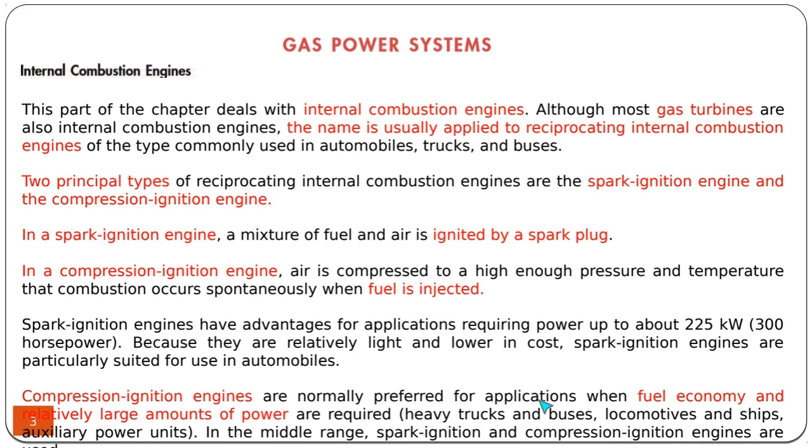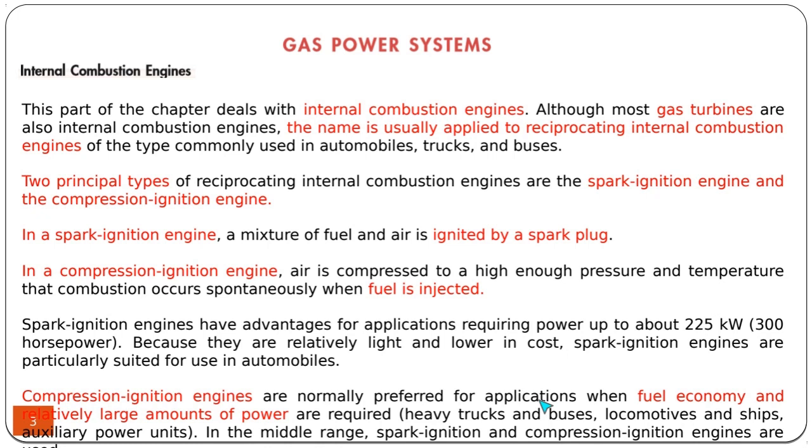So the distinct difference between the two types of internal combustion engines is that while the spark ignition engine has a spark plug to start the ignition, in the compression ignition engine, there is no such thing as spark plug, and ignition takes place only because of the high temperature of the air, which is compressed. Normally, the spark ignition engines are used for relatively small power generations, such as lawn mowers, small generators, cars, and so forth.